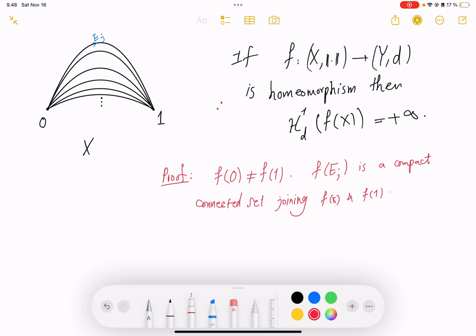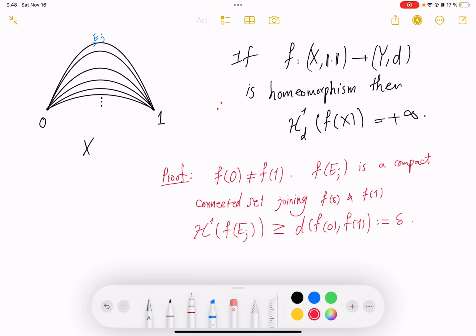And here comes the key fact about Hausdorff 1-measure. The H1 measure of such a compact connected set is never less than the diameter of the set, which will be more than the distance of f(0) and f(1). Let's call this non-zero number delta.